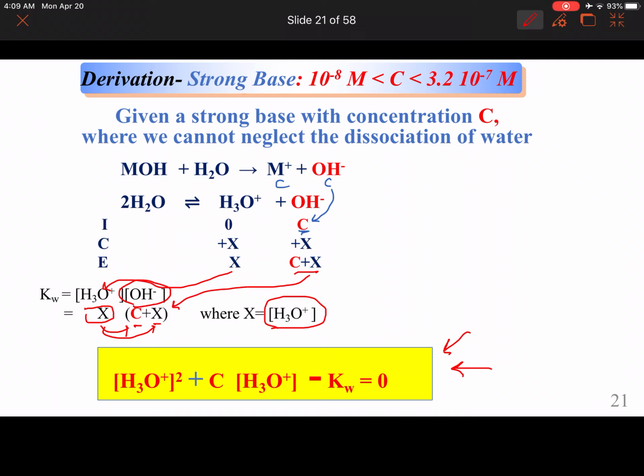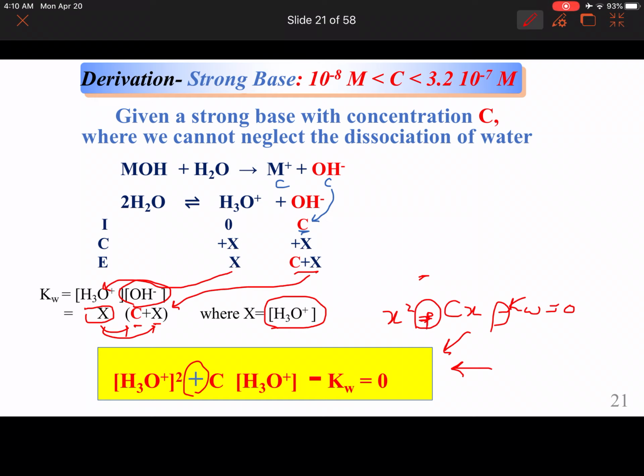Again, this is H3O plus squared plus C times H3O plus minus Kw, so again, this is like X squared plus Cx minus Kw equals 0. Really nice, because the only difference from the other one is this plus sign. So if you memorize one, you have the other. The way I remember it is that acids have a lower pH, so that's a negative, and bases have a higher pH, so I put a positive, okay?